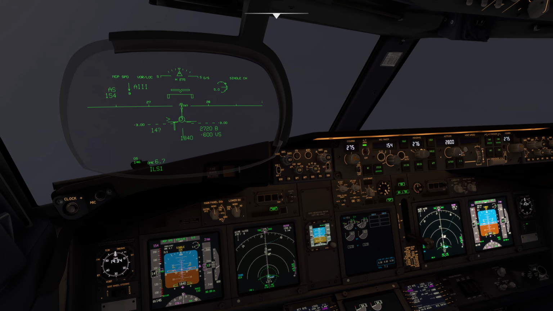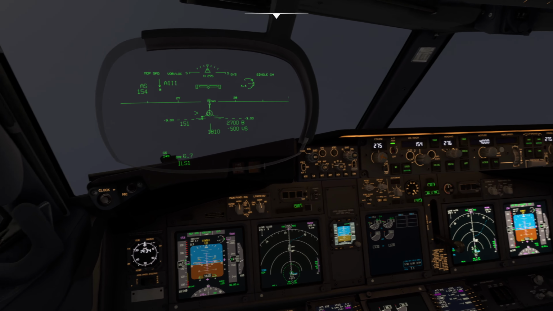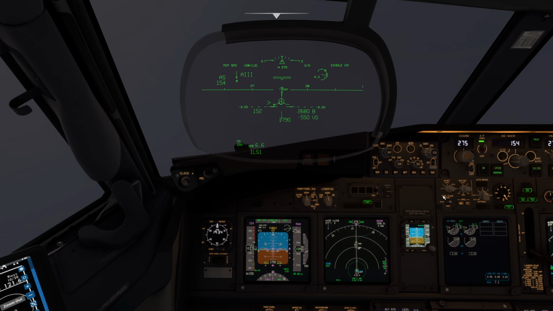We're established on the ILS approach, and can set the missed approach altitude of 4,000 feet.